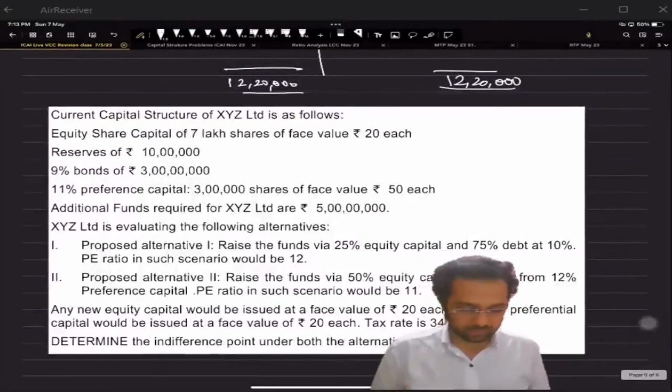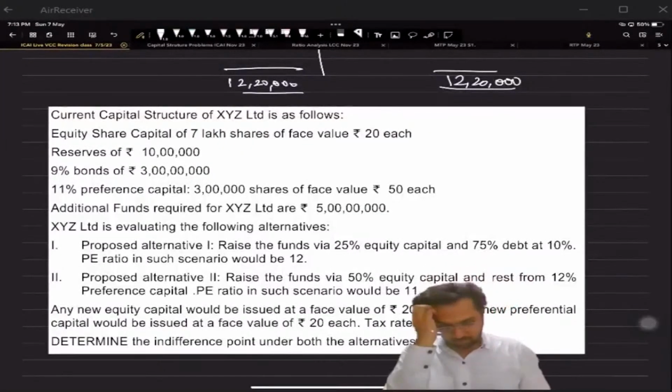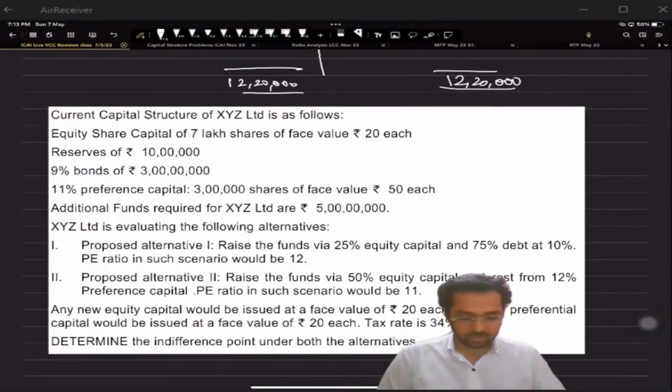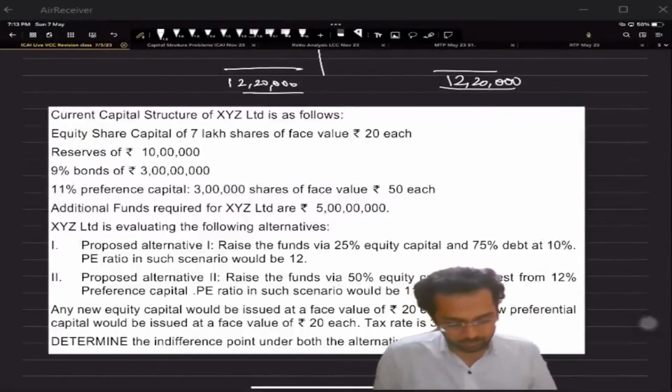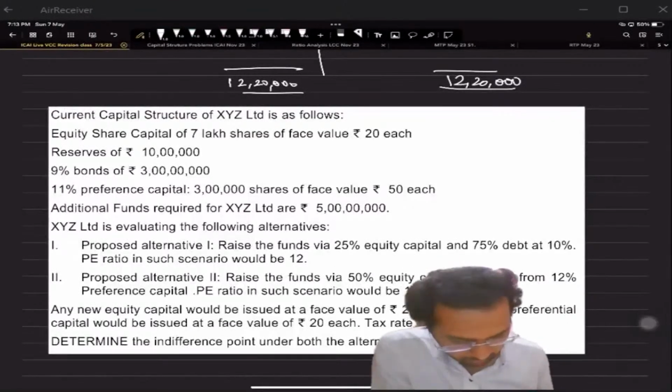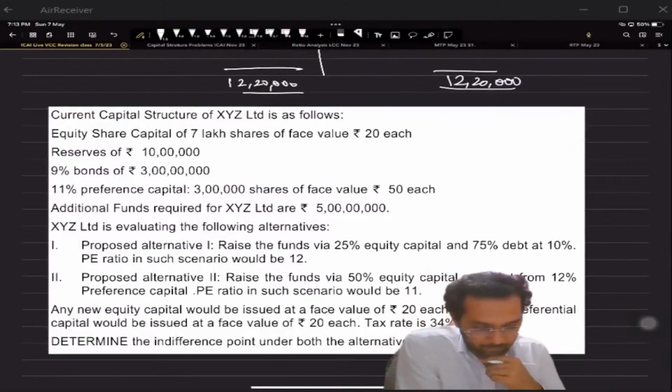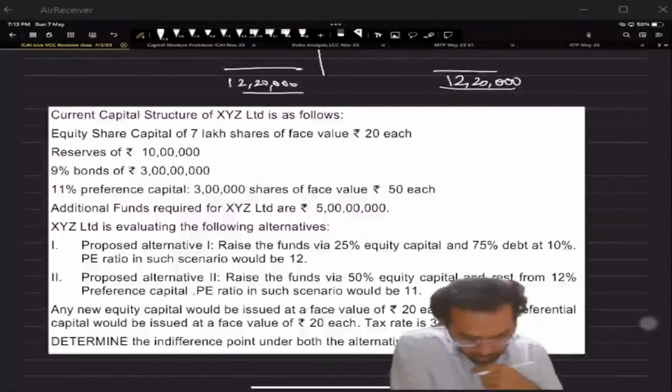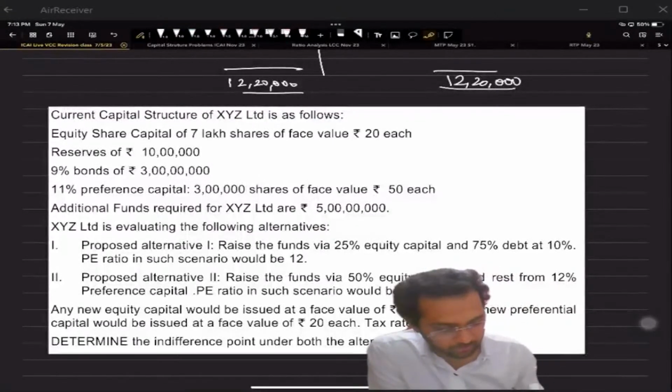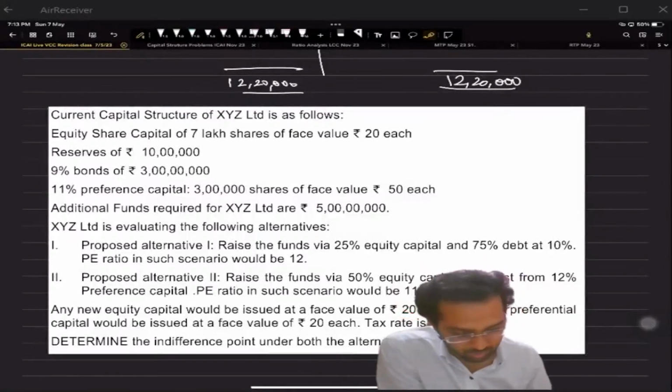So the first proposal is to raise the funds via 25% equity capital and 75% debt at 10%, and in such a scenario the P/E ratio will be 12. So 25% via equity shares. Any new capital, they're saying, is going to be issued at face value rupees 20 each.